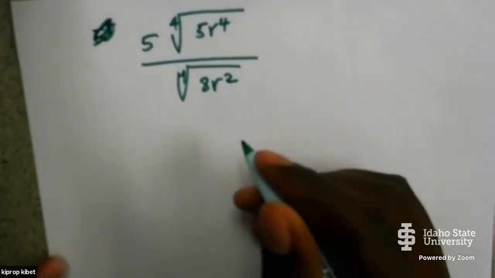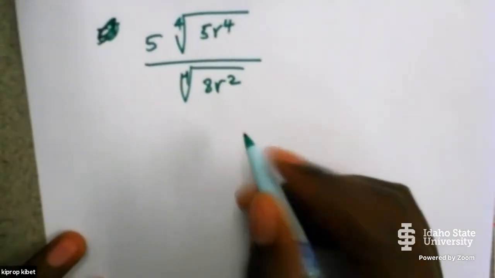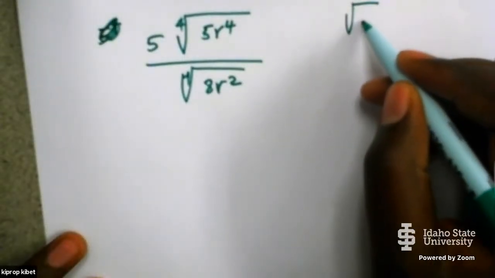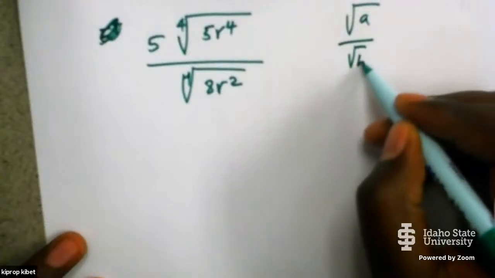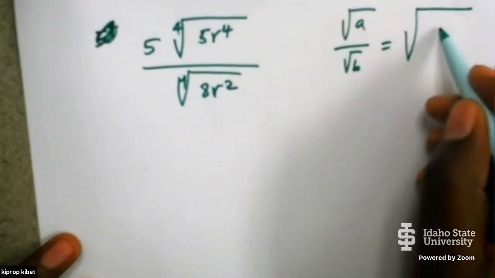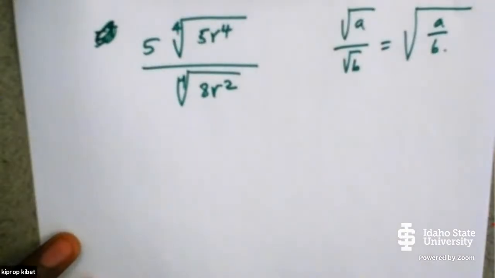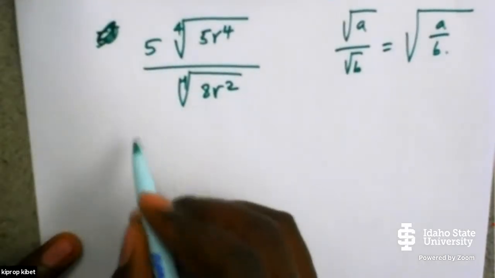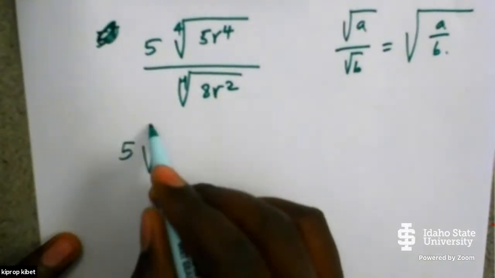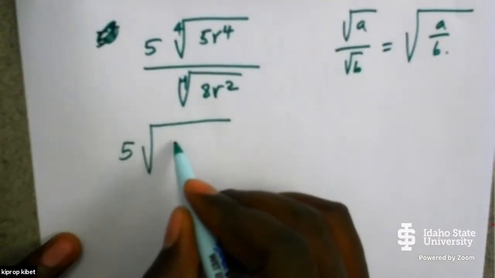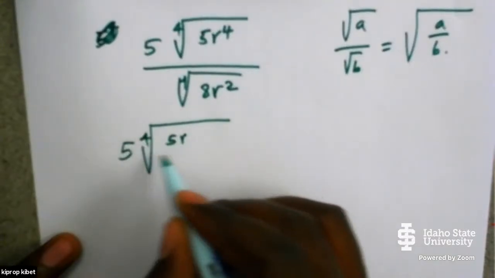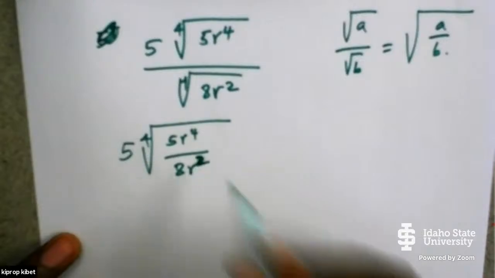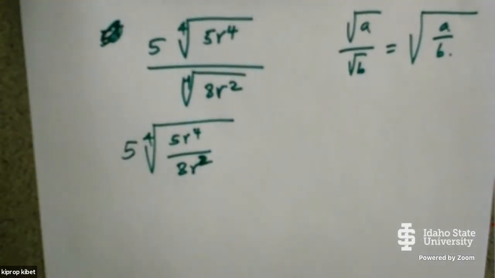All right, so you remember this: if you have a raised over the root of b, this is similar to a all over b, right? Yeah. So when you come here, this is the same as 5, the 4th root of 5 raised to 4 all over 8r raised to 2, right?